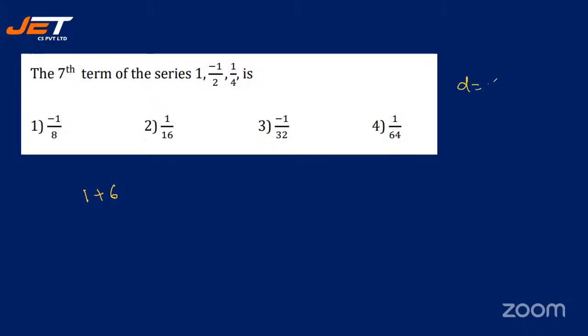What is d? Minus half minus 1, T2 minus T1. So minus 3 by 2. Minus 1 minus 9, which is minus 8.